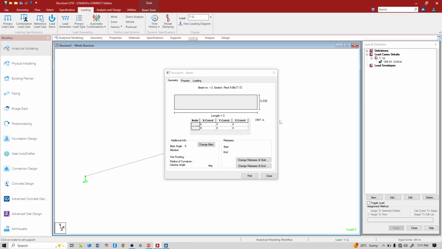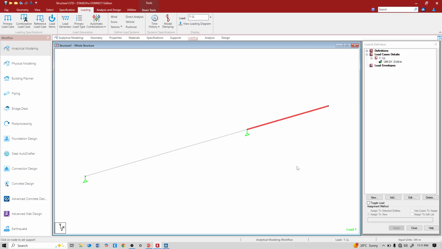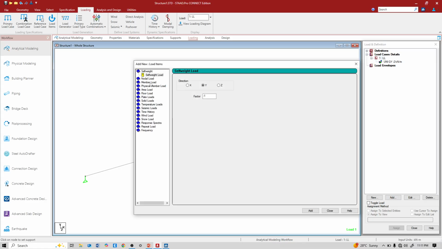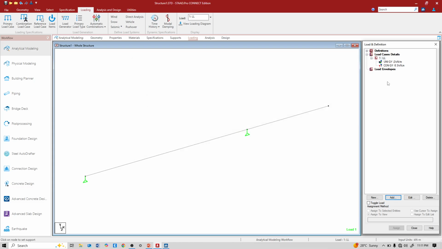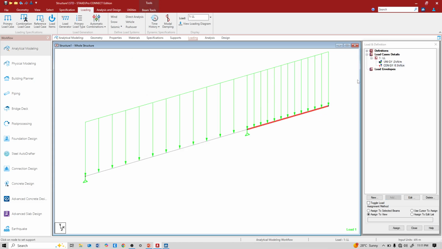Because this is a 3 meter length beam, B to C. Member concentrated force downward, that's why minus, and 5, and D1 is 3. So select, first click on load, then click on beam, then assign to selected beam, assign, yes.